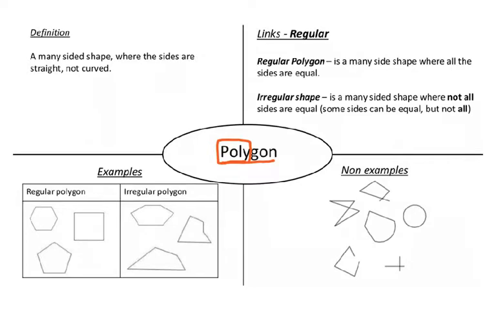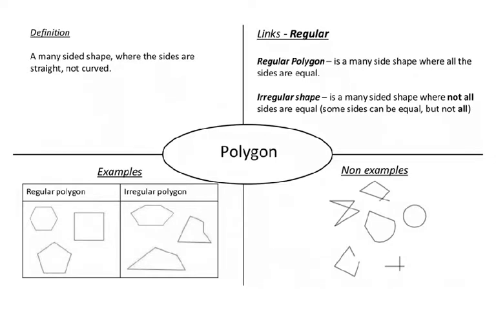You also get the word poly in front of lots of scientific terms, like polypeptide and things like that. So knowing that the word poly means many will help you as you go through school. So poly is a prefix that means many. In this case, it means a many-sided shape.